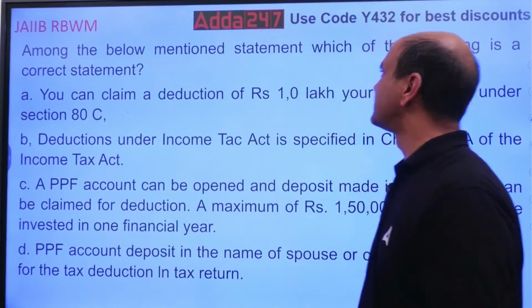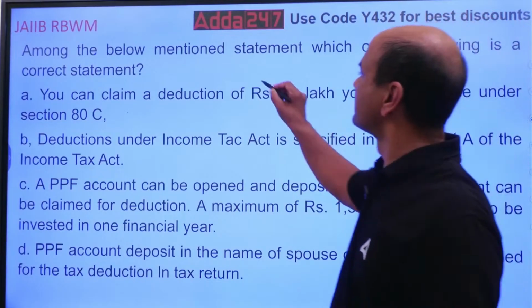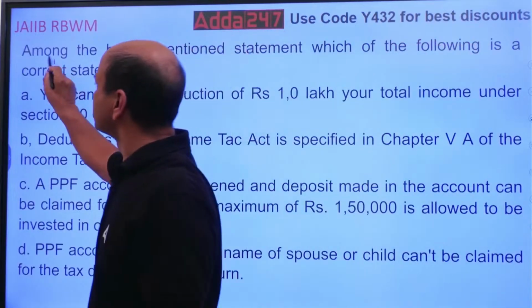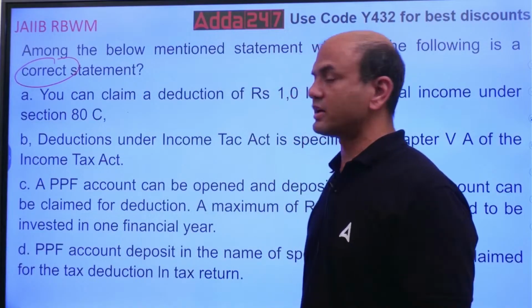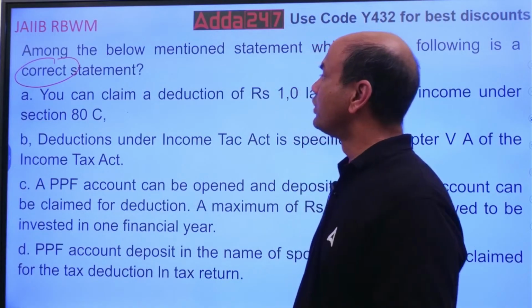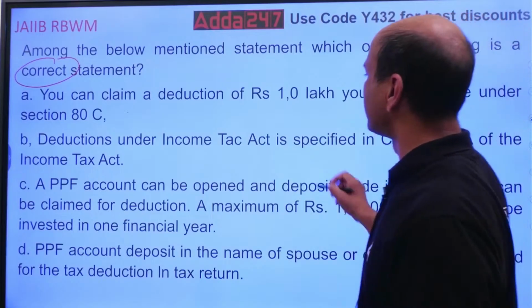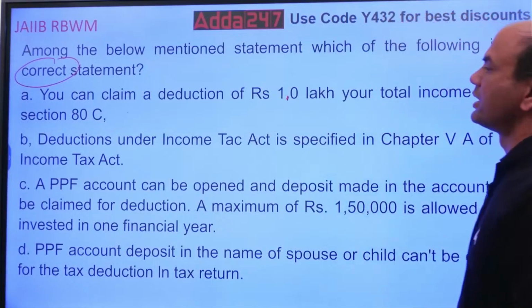Among the below mentioned statements, which of the following is correct statement? Now you want correct. Always look in the question what is asked, correct or incorrect. Always check this. You can claim a deduction of rupees 1 lakh of your total income.